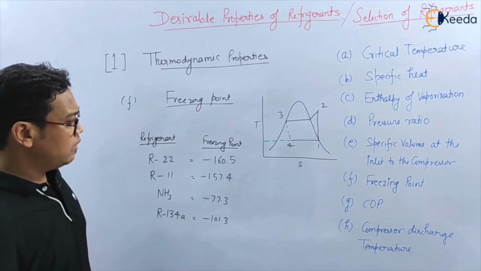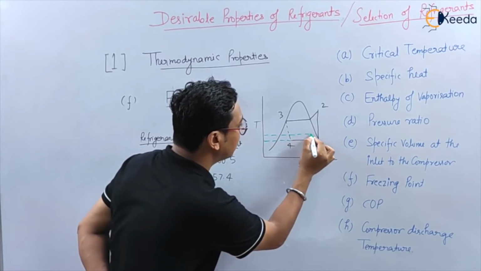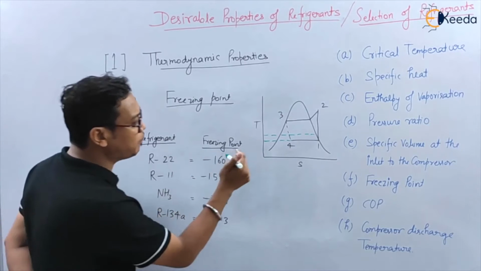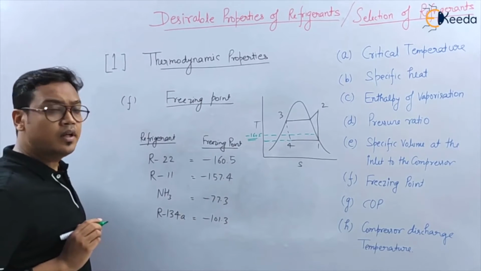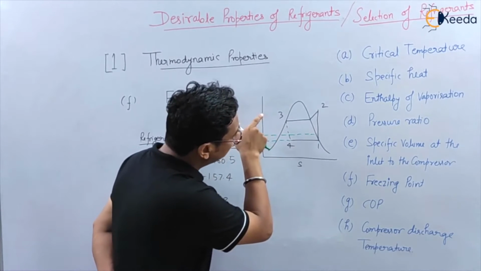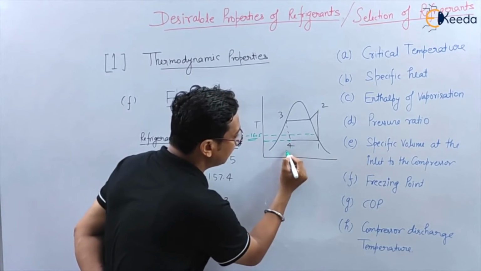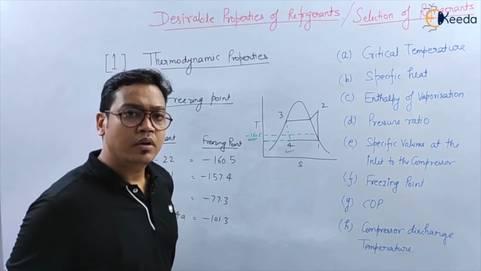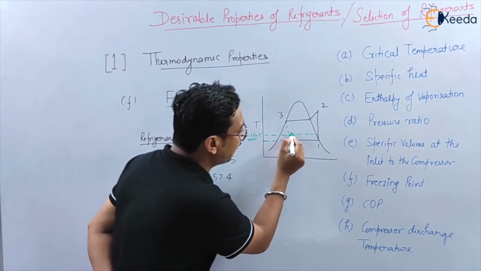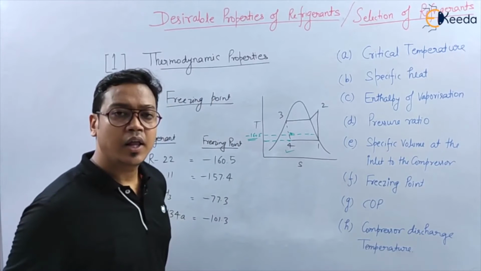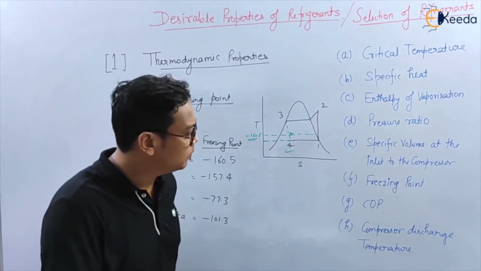Suppose I am using R22 and the freezing point is here, that means minus 160.5. And the process has to occur from 3 to 4 up to this point 4. That means this refrigerant will freeze at this point only. Freeze means it will become ice, it will become solid.